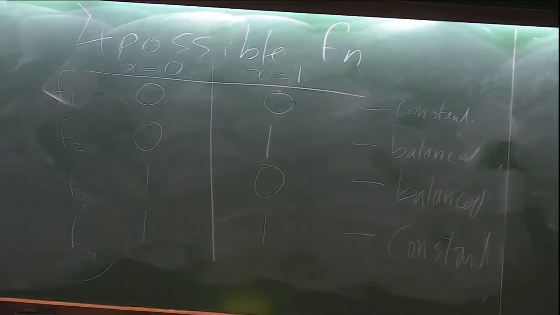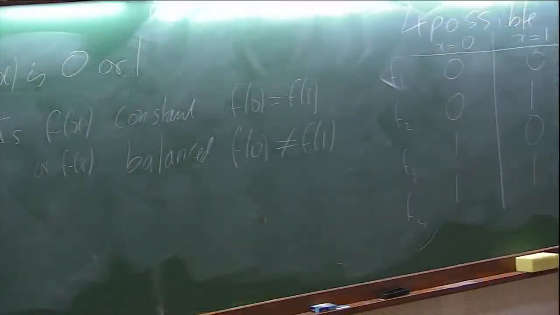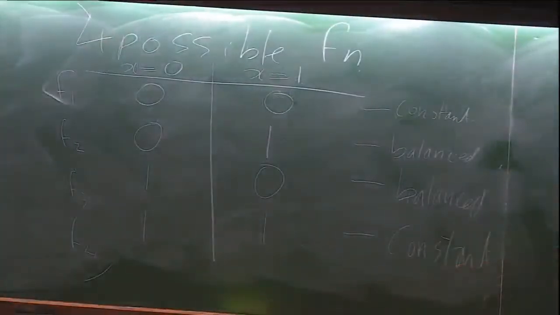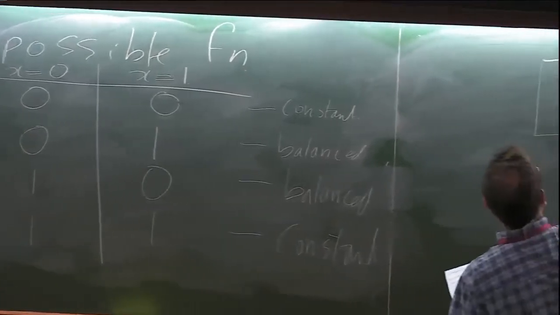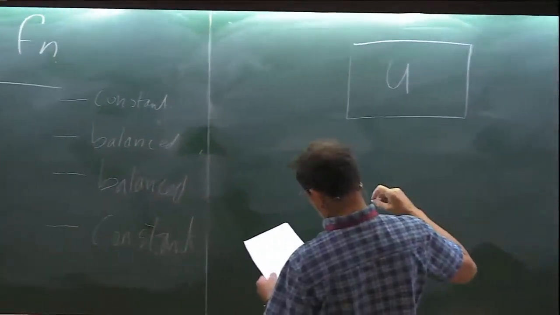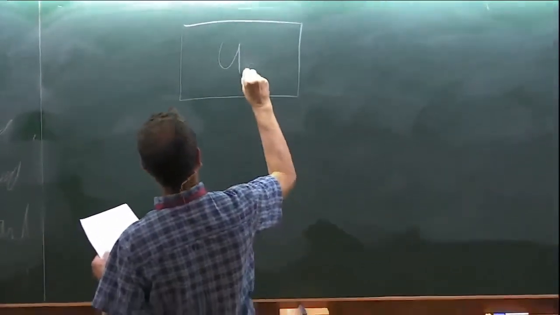So if I have a black box which has this function in it, I would like to know information about the function with just one call to the function. So here's our black box: a unitary transformation representing a function.